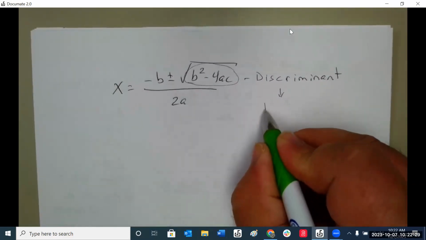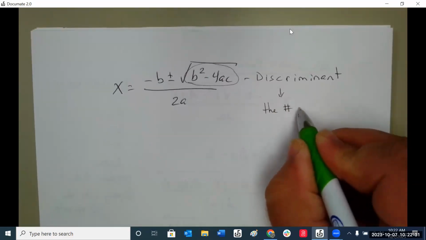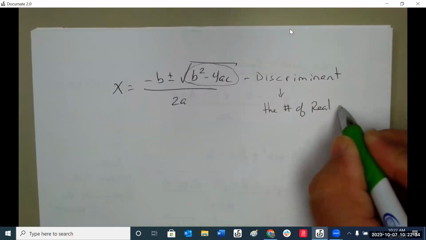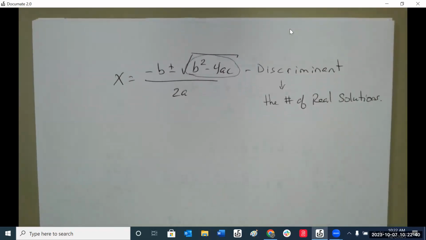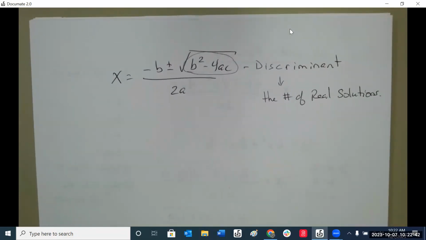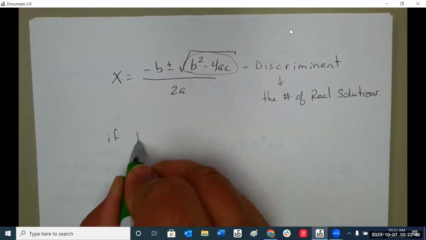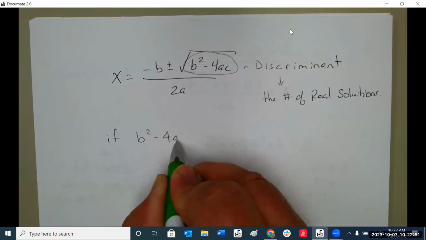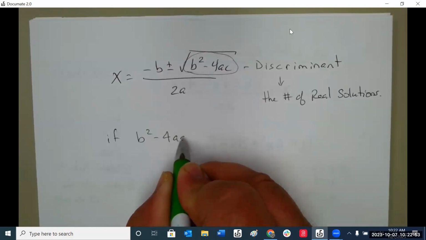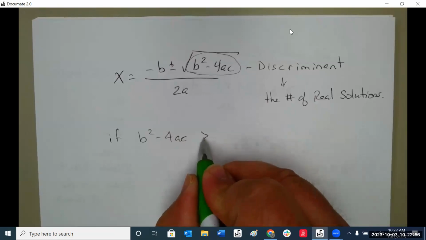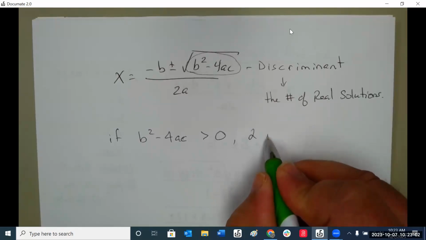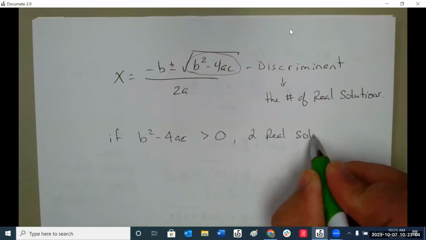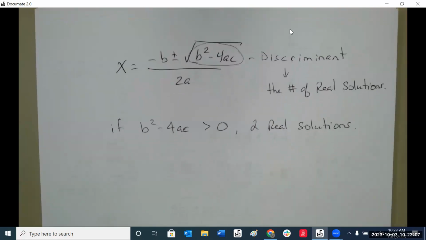It tells us the number of real solutions. If b squared minus 4ac, if that number is positive, we have two real solutions.